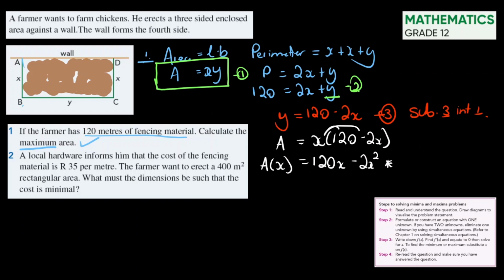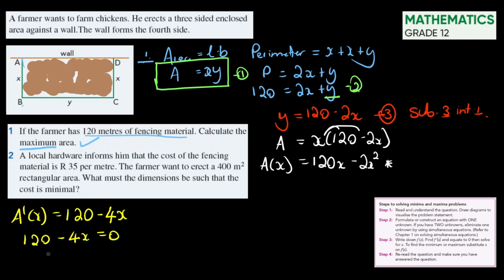Let's find the first derivative of A of x. The first derivative, A'(x), will be equal to 120 minus 4x. So we equate this first derivative, 120 minus 4x, to 0.